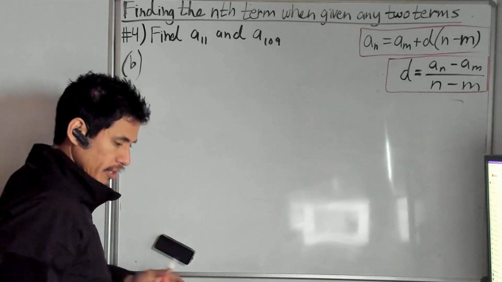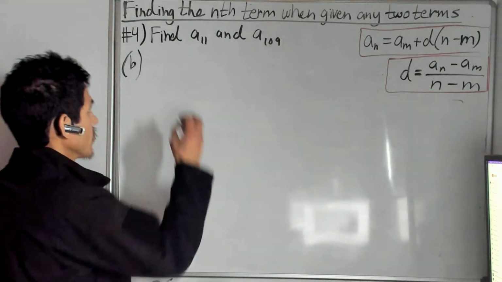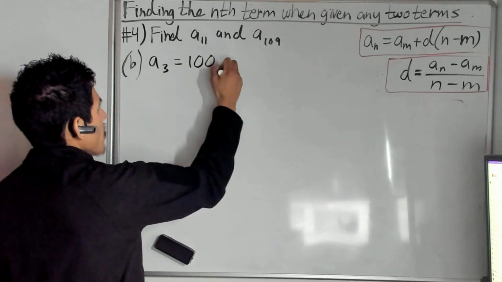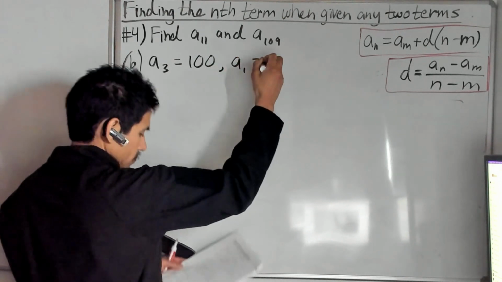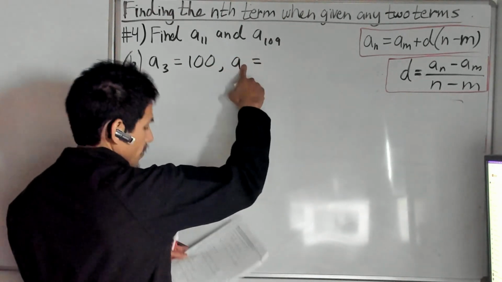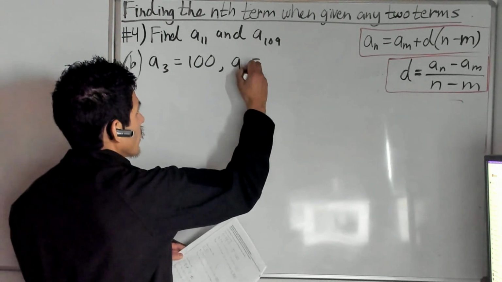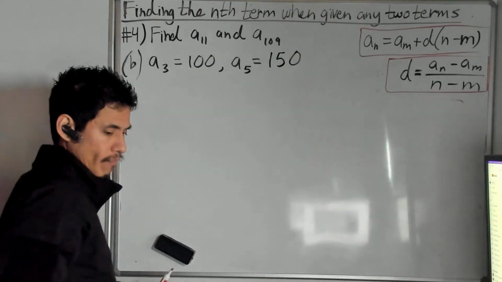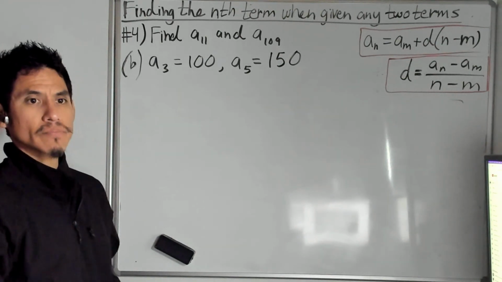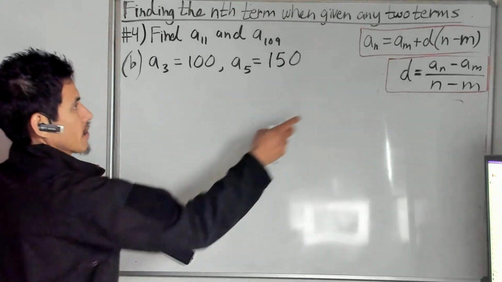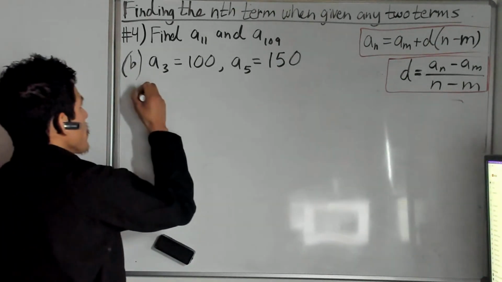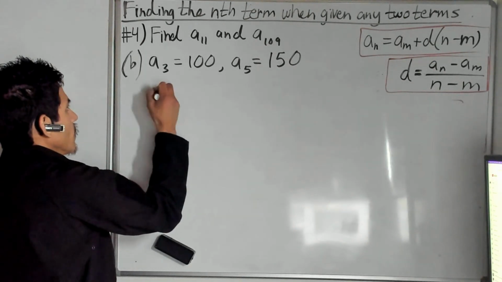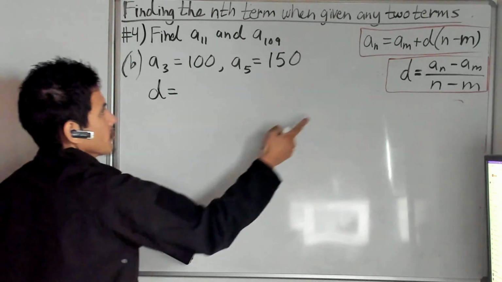All right, for B, we have that A3 is 100, and that A5 is 150. So again, let's start off by finding the common difference D. So we're going to have D be equal to AN.